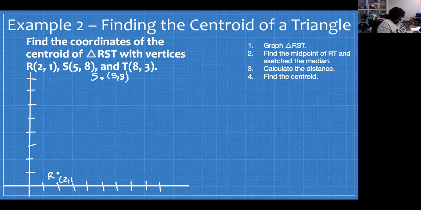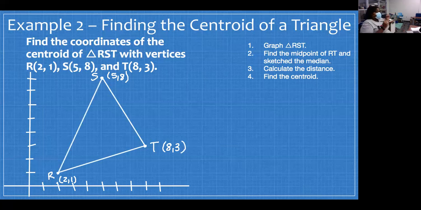This is 2, and then 8, 3 is 2. All right, so pretty nice triangle, I do say so myself.